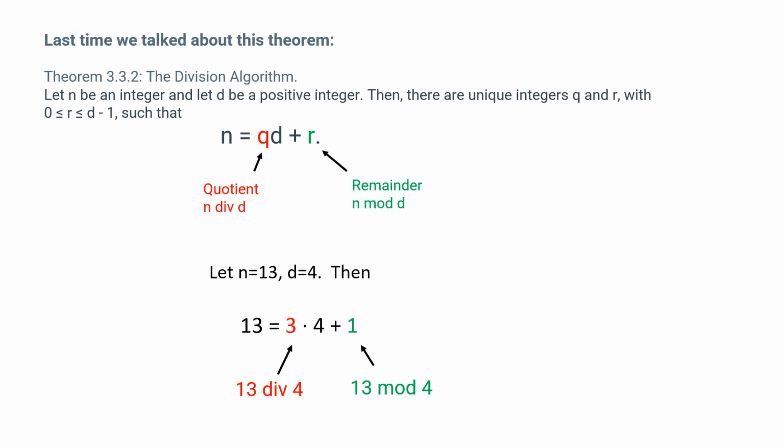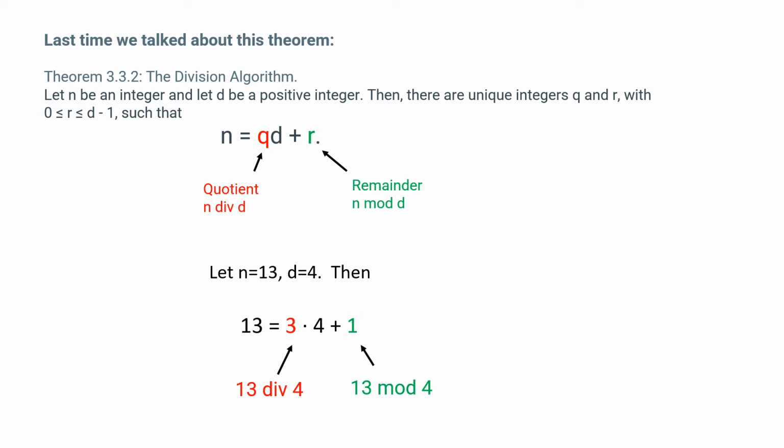Now, we talked about a theorem last time called the division algorithm, and we basically said, if we've got some integer n, and let d be a positive integer, that d ends up being what we would consider the divisor. So basically we're taking n and dividing it by d, okay?